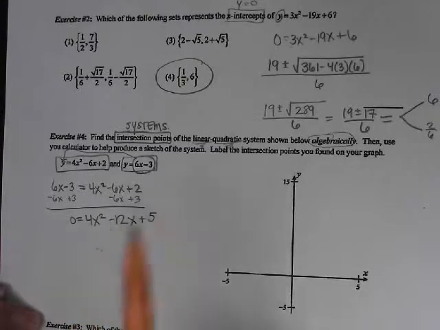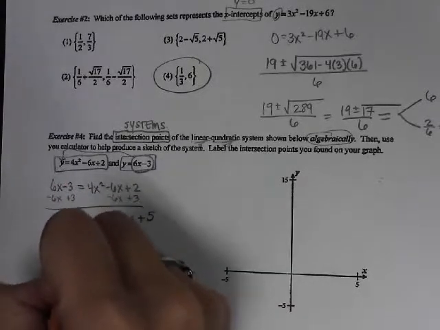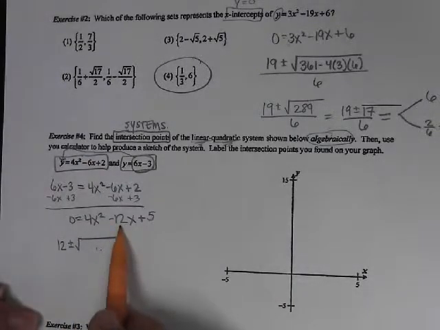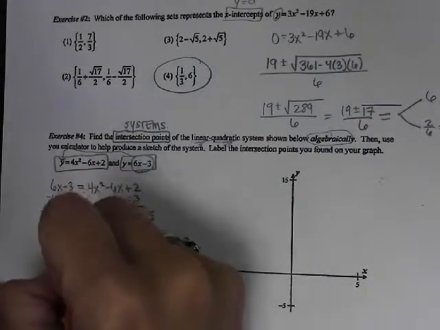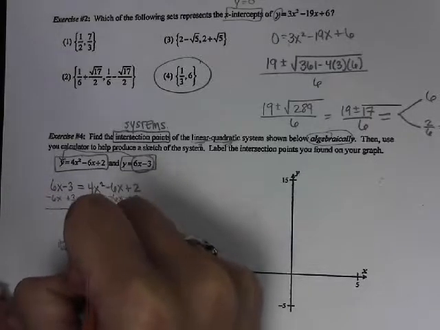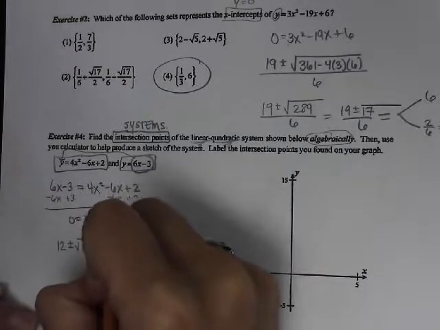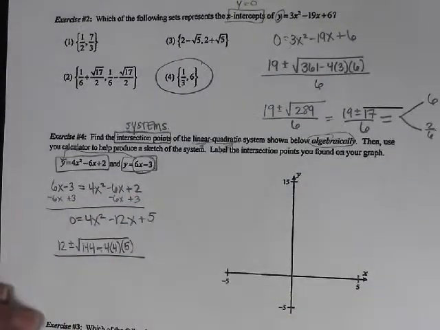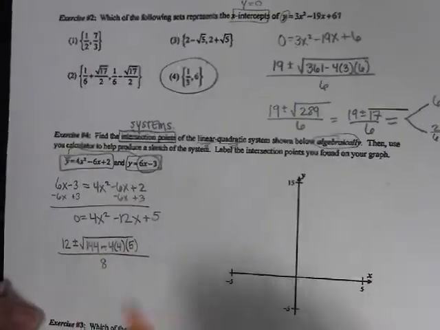The opposite of b, the opposite of negative 12 is 12, plus or minus the square root of b squared. That number squared is 144, minus 4 times a of 4 and c of 5, all over 2a. A is 4, so 2 times that is 8.